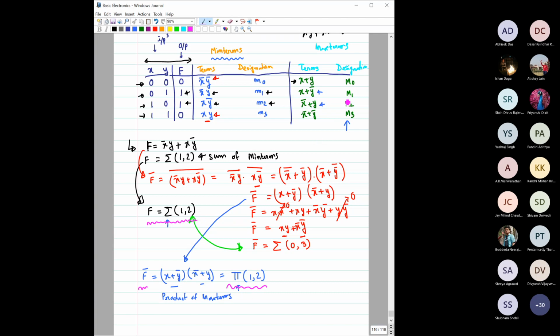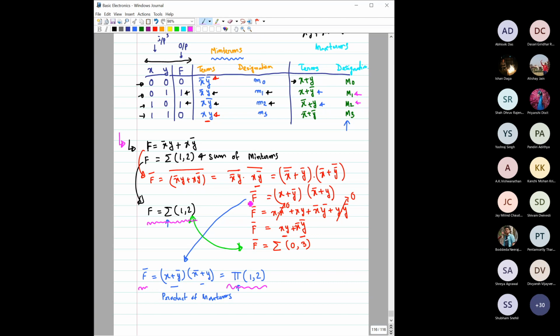The terms are the same: the second term and third term, means 1 and 2. Have you understood this part? If you are given any function in terms of min terms, how can you get its inverse function, and at the same time its max terms, and what is the relation?